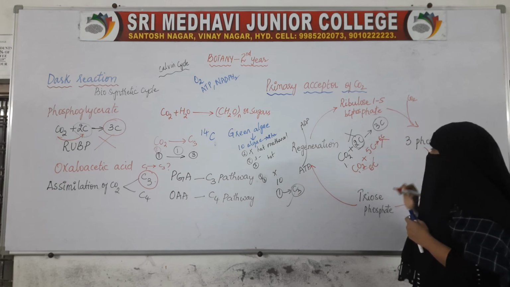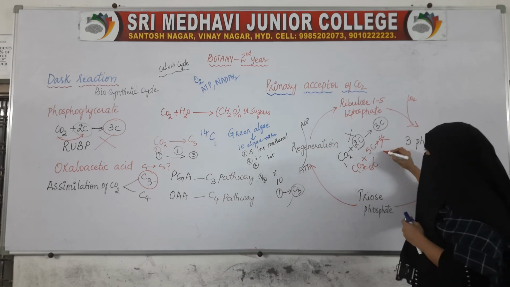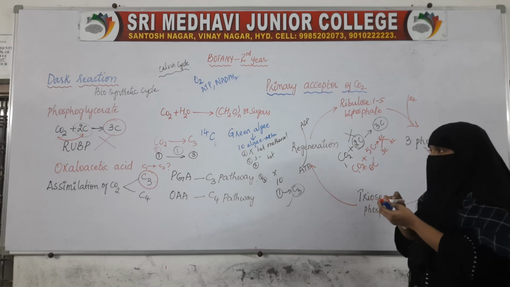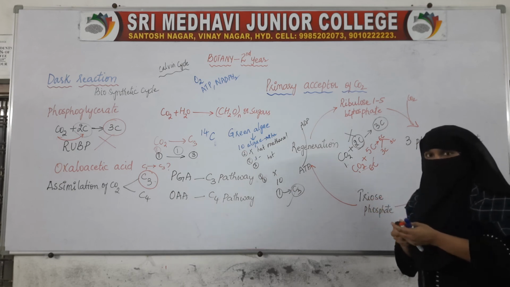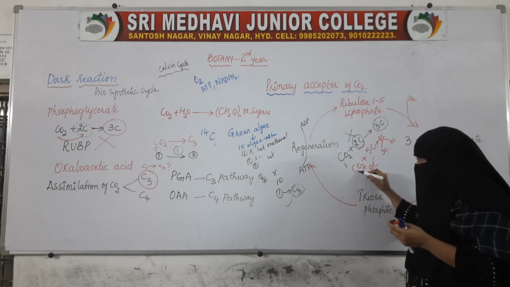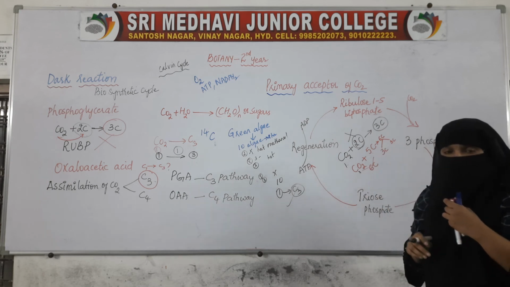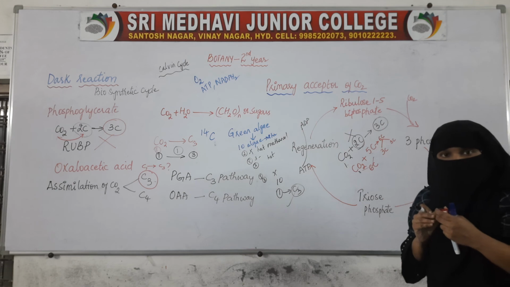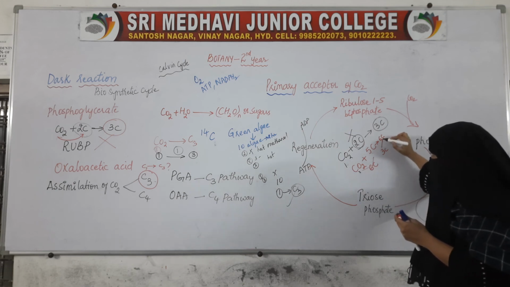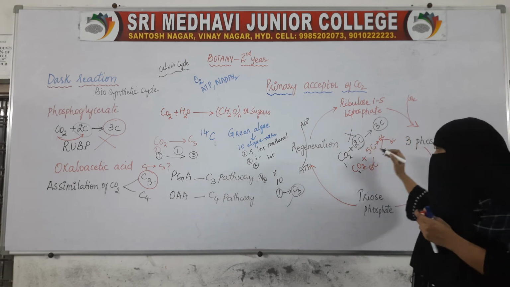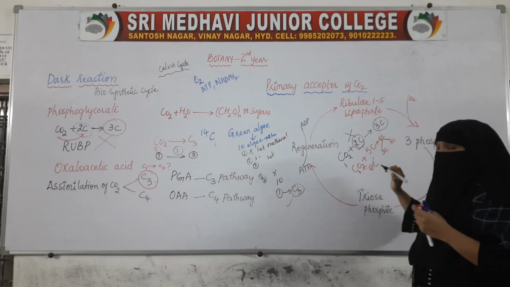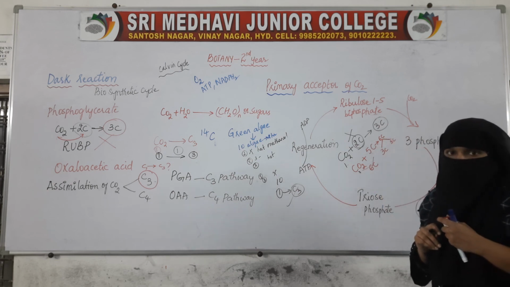Now the 6 carbon compound is splitting into two 3 carbon compounds. So when 1 carbon dioxide is mixed with one 5 carbon compound, a 6 carbon compound is formed, which is very soon immediately broken down into 2 molecules of 3 carbon compound.